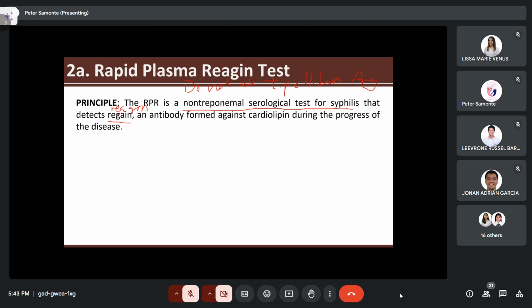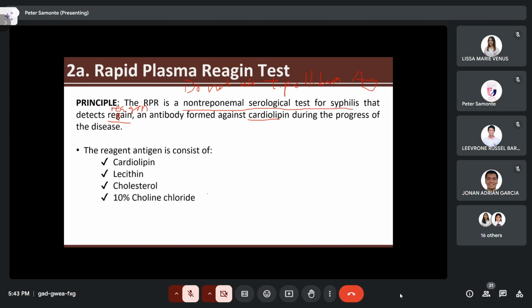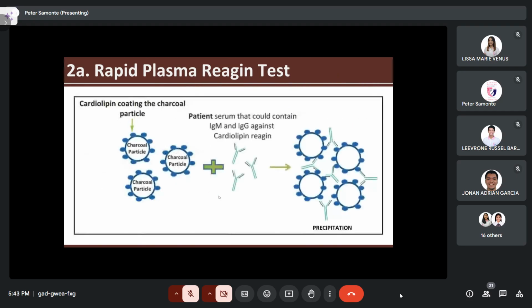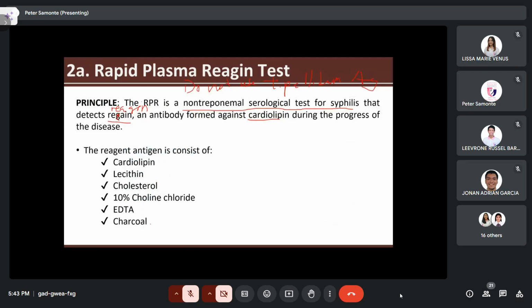Reagin, R-E-A-G-I-N. Your reagin is an antibody formed against cardiolipin during the progress of the disease. The reagent antigen would consist of cardiolipin, lecithin, cholesterol, and 10% choline chloride, EDTA, and charcoal.